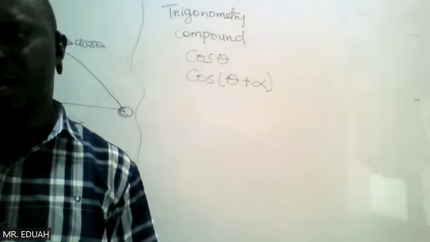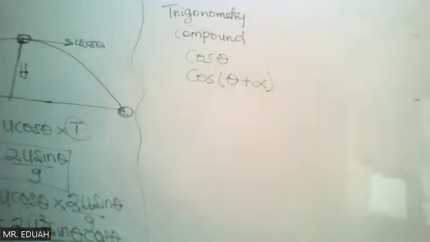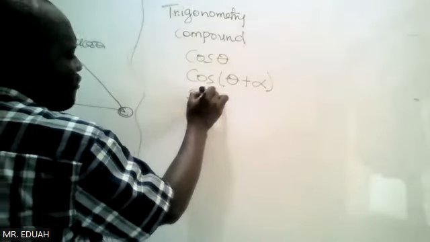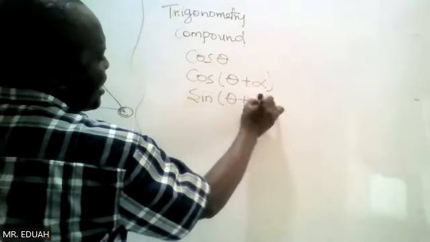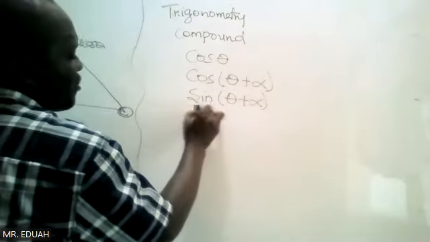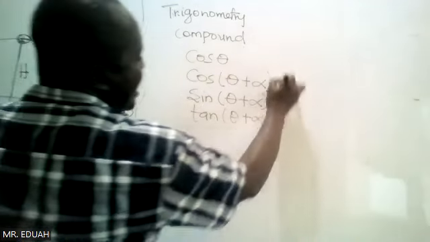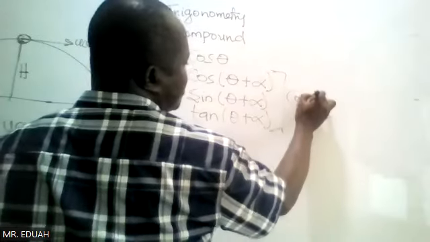Please, is that okay? Yes, please. In the same way, I can have sine of a compound angle, theta plus alpha, tangent of theta plus alpha, and these are what we call compound angles.